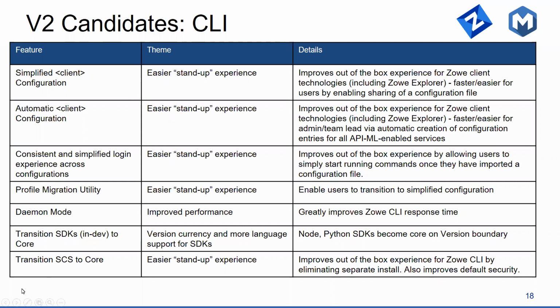Consistent and simplified login experience across configurations. This means that you'll be able to just start running CLI commands once you've imported this configuration file. You won't need to do any sort of separate login command up front.